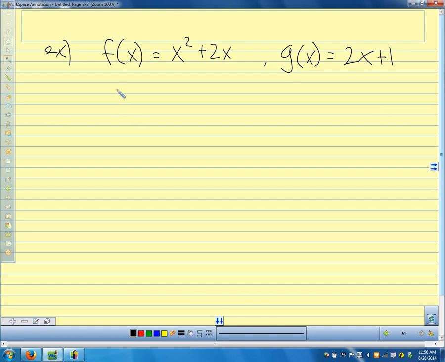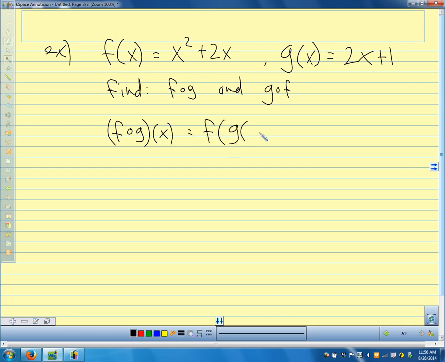We'll do a couple of easy examples here. We want to find f of g and g of f. Just as a reminder, f of g of x is f of g of x. This is telling us everywhere we see an x in f, we're going to plug in the function g. So how are we going to form our composition?